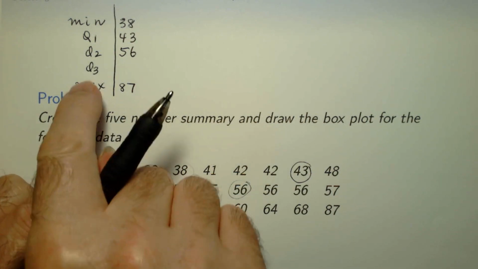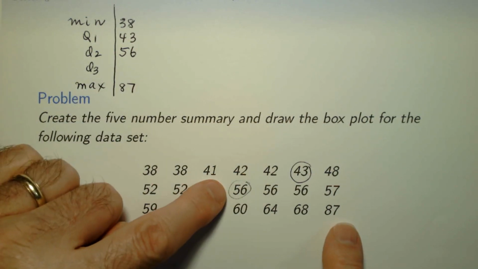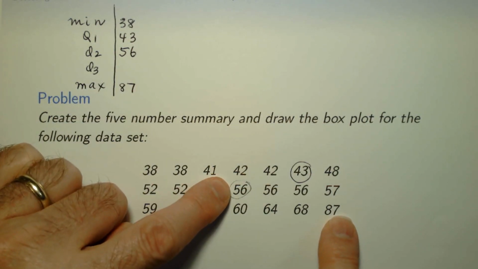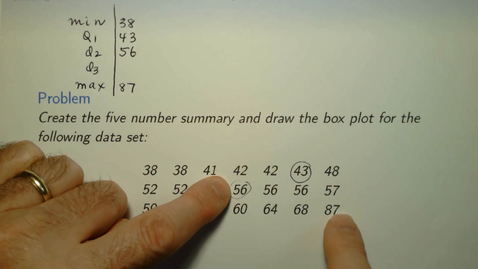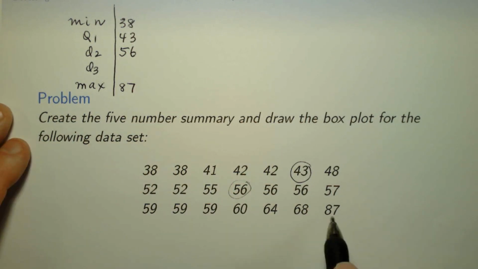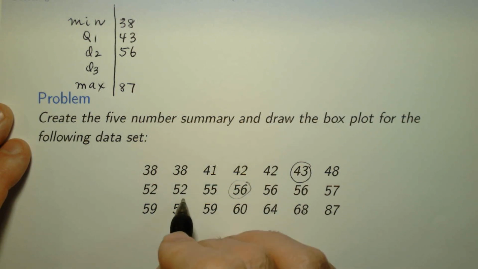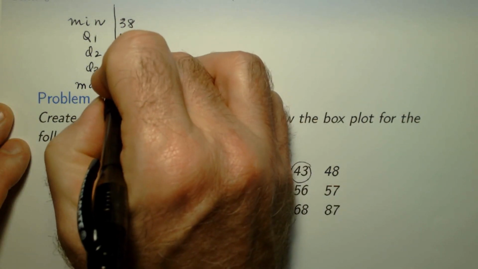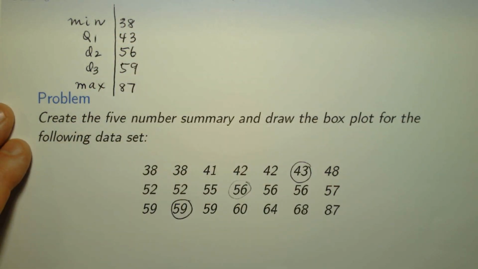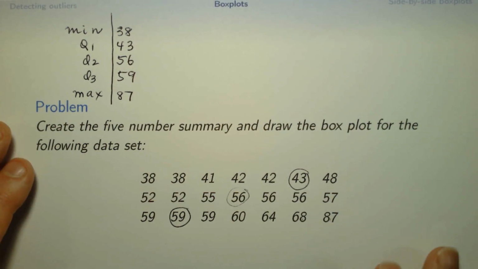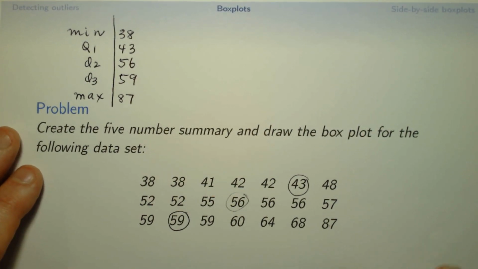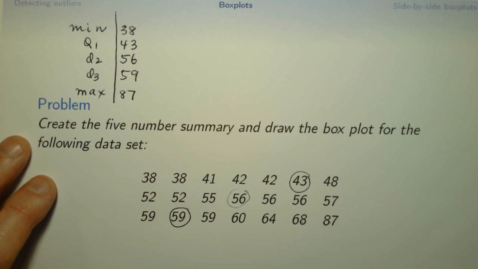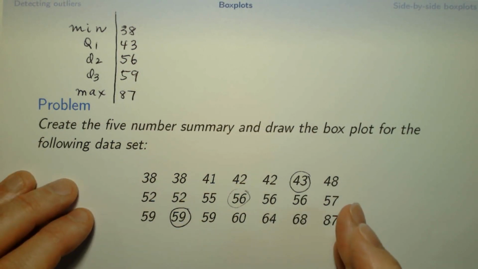And we'll also have our Q3 sitting in the middle of the upper half. And again, we can go to position 6 either from the top or from the bottom. And so there's our value of Q3. Okay, so we have our 5-number summary completed. And the next thing I'm going to want to do is explore this data set for any outlying values.